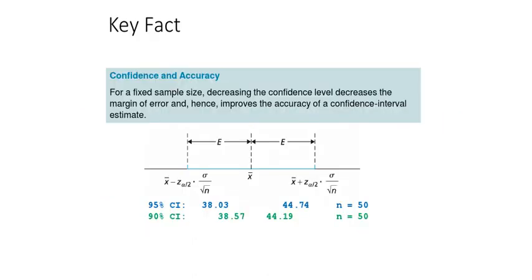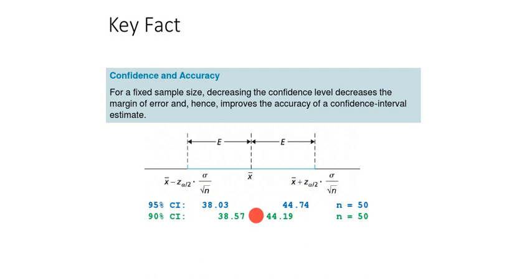So what's our relationship? Well, the confidence and accuracy are related in that for a fixed sample size, if you decrease the confidence level, you're going to decrease the margin of error. That's our MBE. And hence, you're going to improve the accuracy of the estimate. So that 90% confidence interval is certainly more accurate.